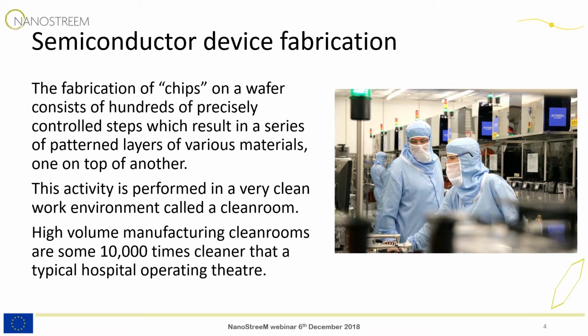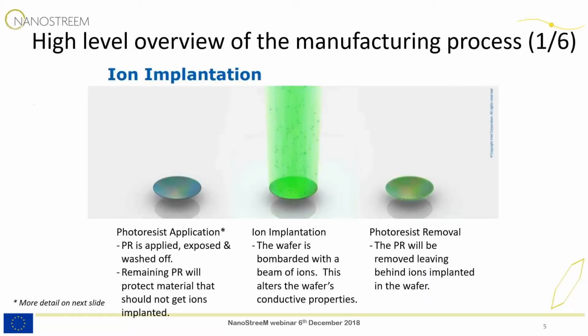Okay, so the next number of slides contains what I would call a high-level overview of the manufacturing process. And really the intention of this is just to give you a 101 level introduction, but it's also to show you what part of the process we actually utilize these engineered nanomaterials.